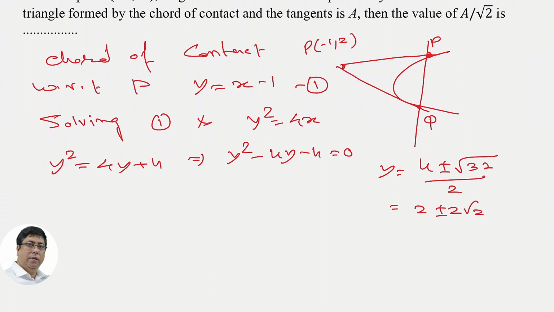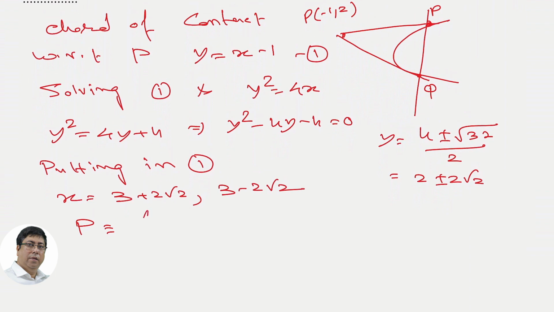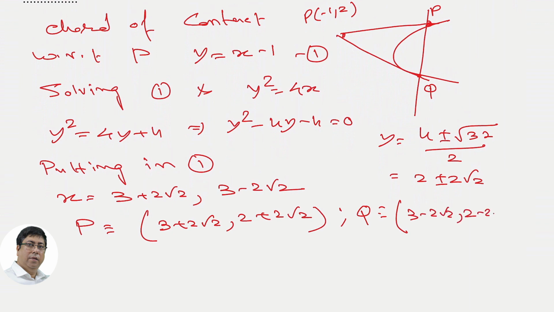And putting this value in y equal to x minus 1, we are getting x equal to 3 plus 2 root 2, and for the negative value, 3 minus 2 root 2. Therefore, in this case, suppose P point is 3 plus 2 root 2 comma 2 plus 2 root 2, and Q point is 3 minus 2 root 2 and 2 minus 2 root 2.